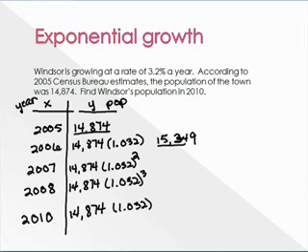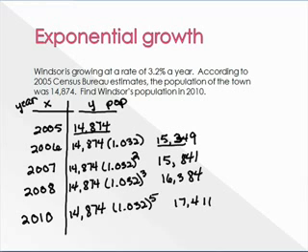Okay, and these populations, if I fill them in here at 2007, I came up with 15,841. Here I came up with 16,348. And here I have 17,411.